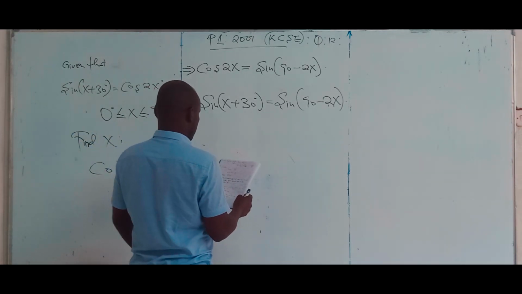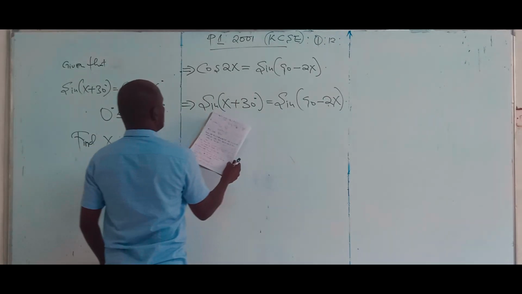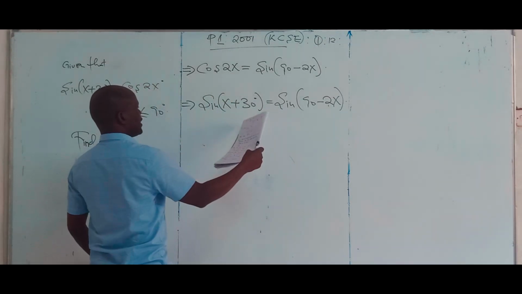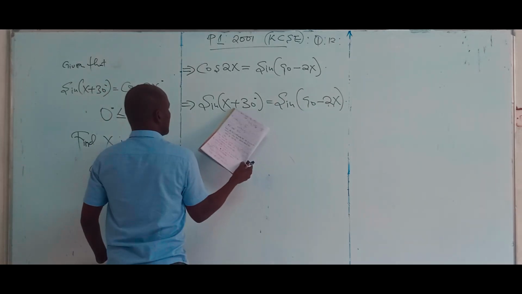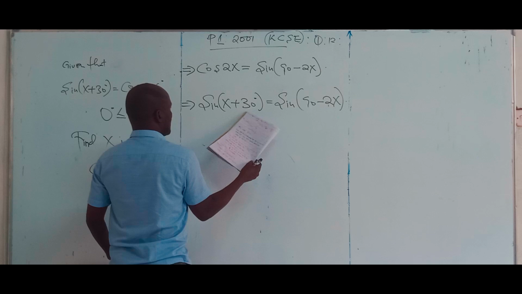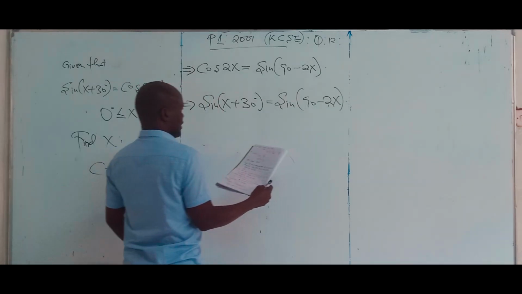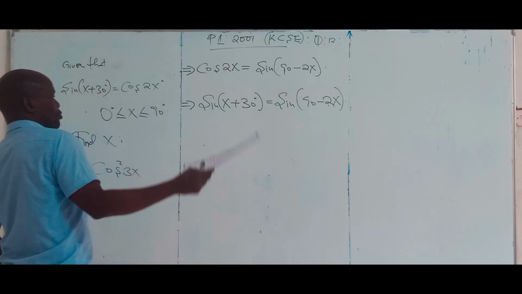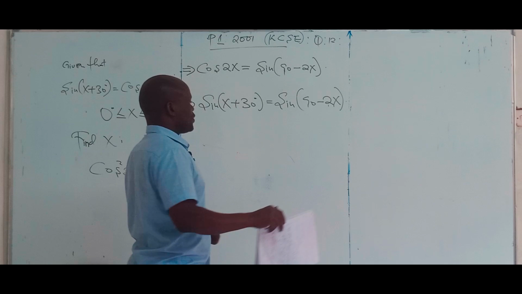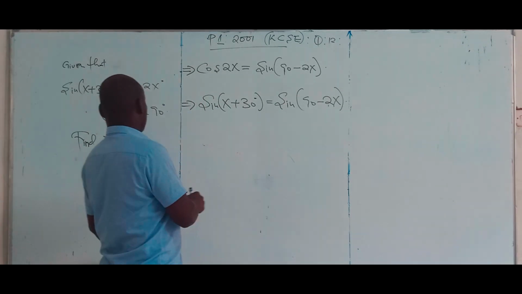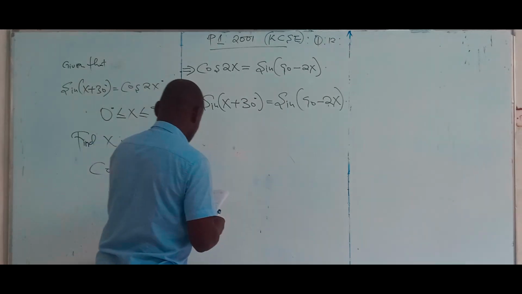If we say sine of whatever is inside is equal to sine of whatever is inside, then you can equate the angle so that x plus 30 is equal to 90 minus 2x. But because we want the periodic version, so that we are able to determine the angles in each period, we need to get a generalization of the same.